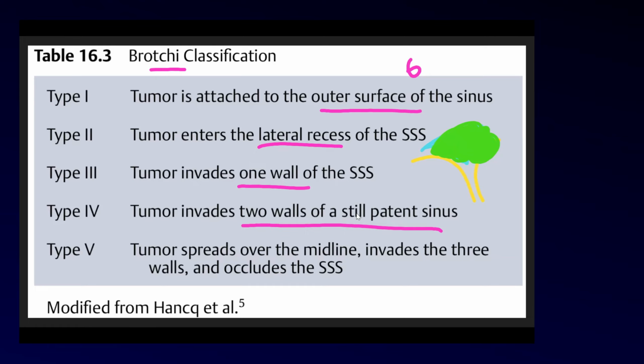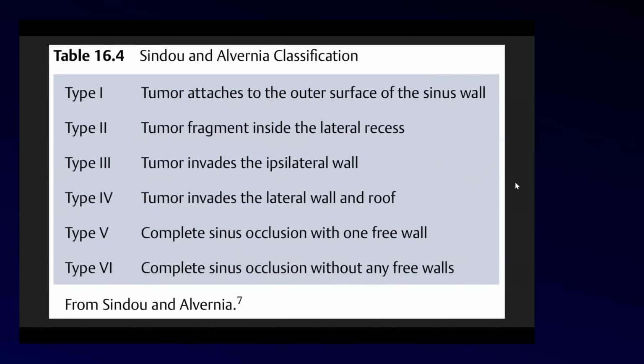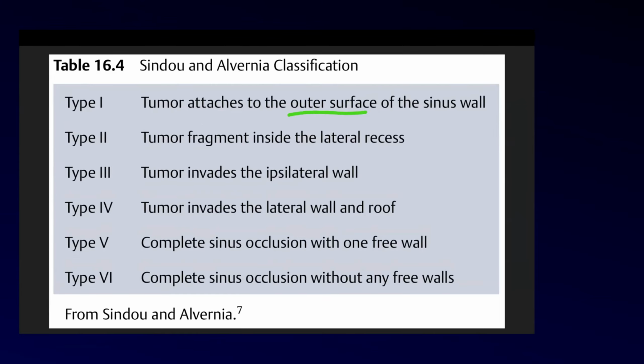Clear. Okay, let's move to the next classification. This is Sindou. Sindou is relatively easy. We have all grown with it. Type 1 is when it attaches to the outer surface of the sinus wall. Type 2 is when it is inside the lateral recess.